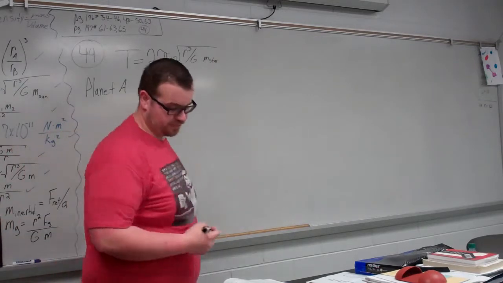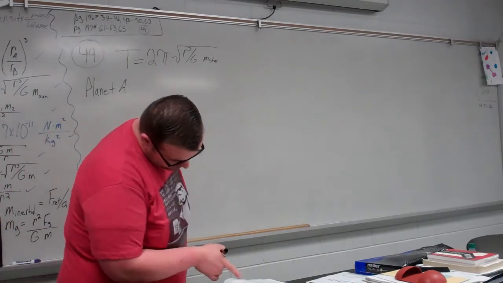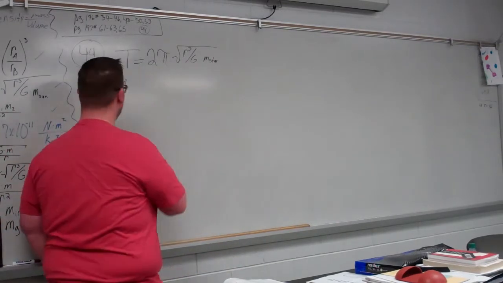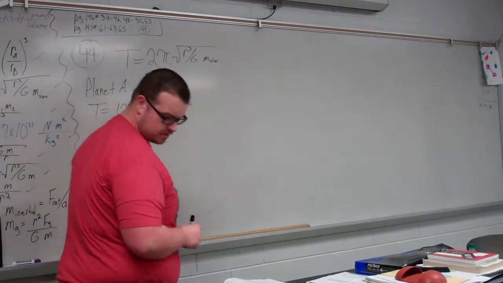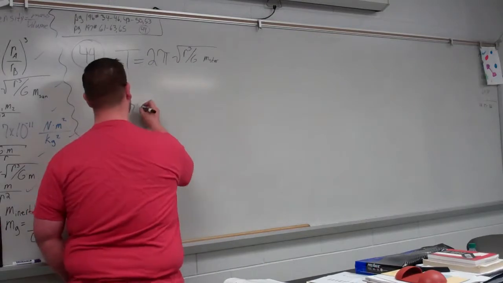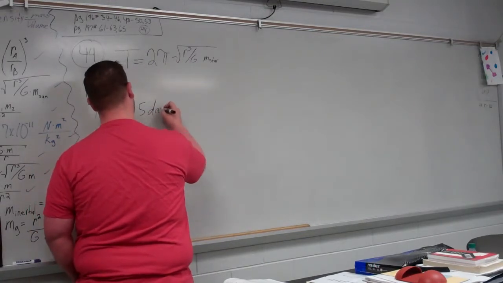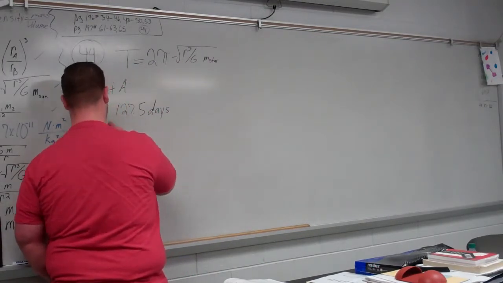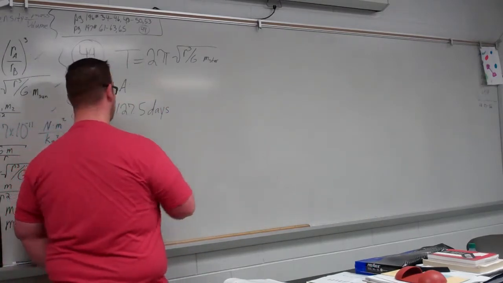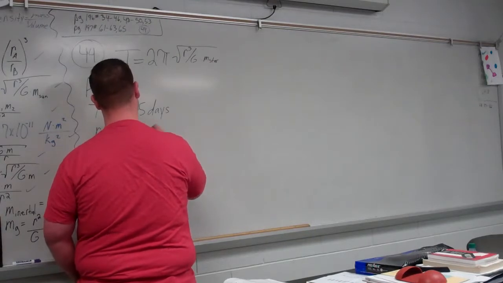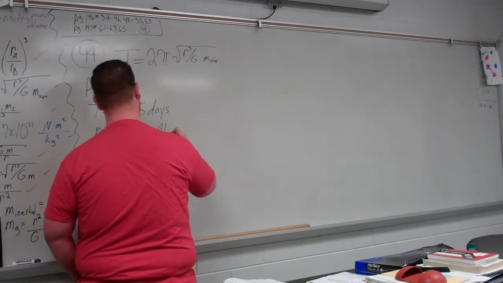Planet A has a period of 127.5 days, a radius of 0.615 astronomical units.